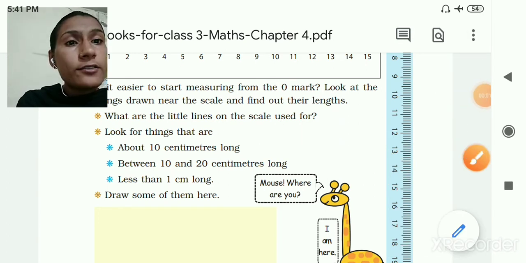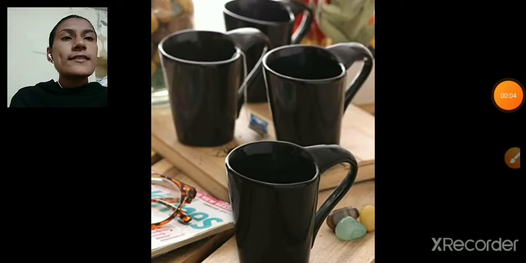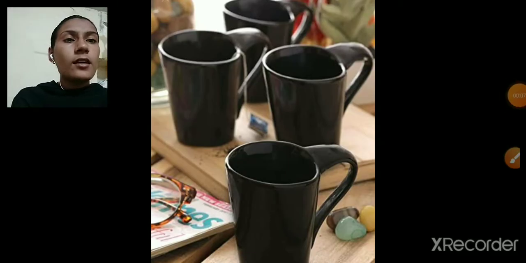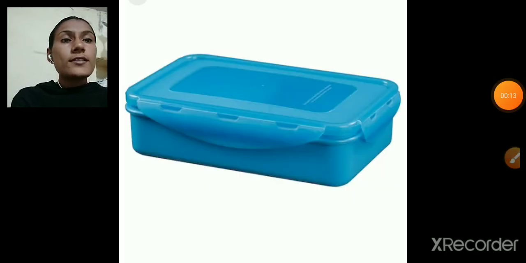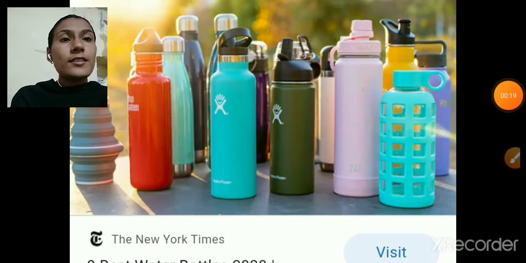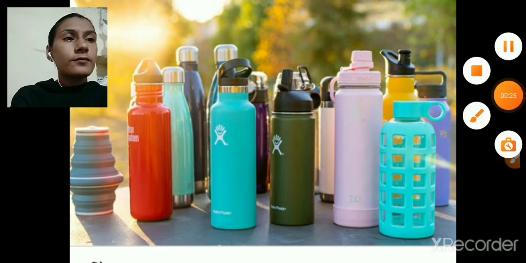Between 10 and 20 centimeters long things. Now let's see. See, this mug is between 10 and 20 centimeters long. Then this lunch box is also between 10 and 20 centimeters long. Then this water bottle is also between 10 and 20 centimeters long.